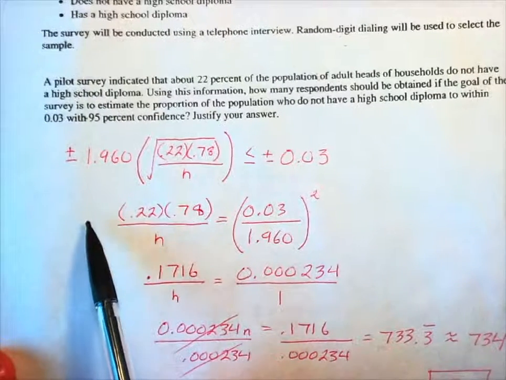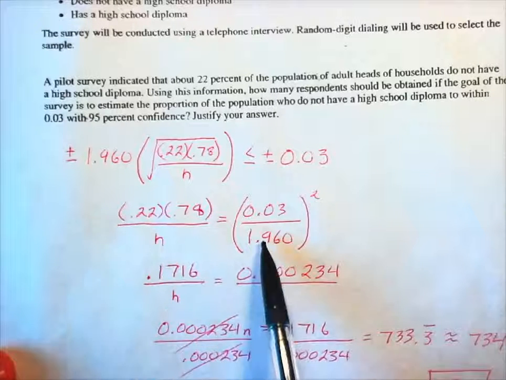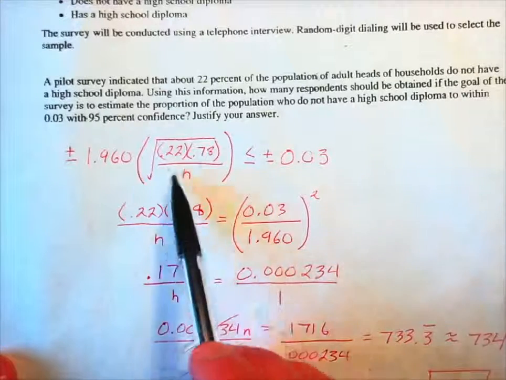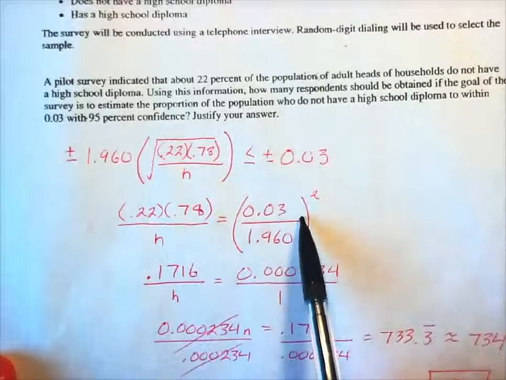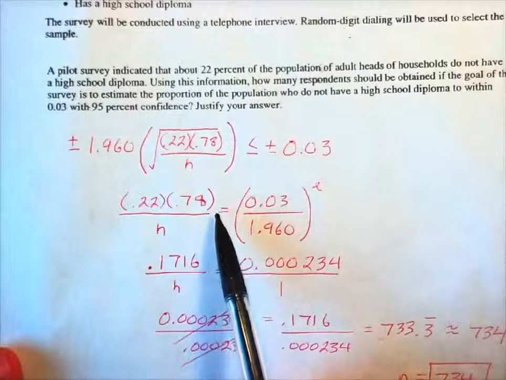I've already divided both sides of the equation by 1.960, so there's the 0.03 divided by the 1.960. To get rid of the square root, I squared both sides.